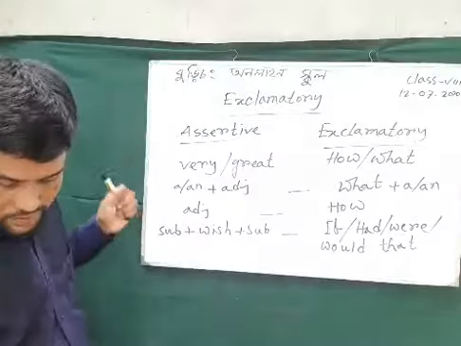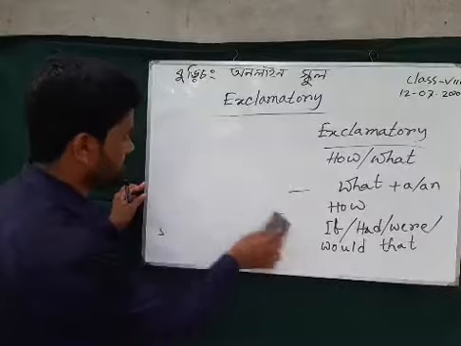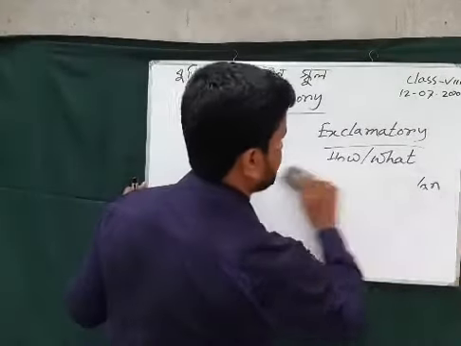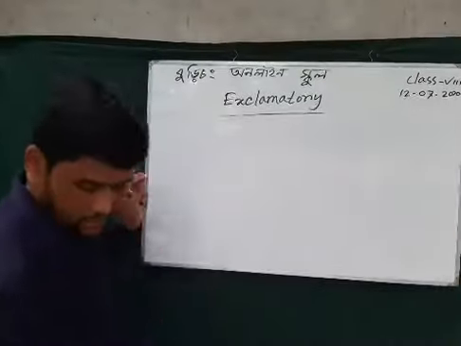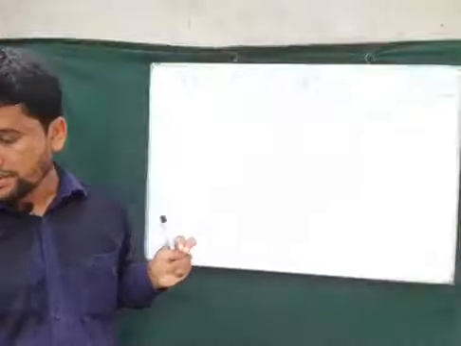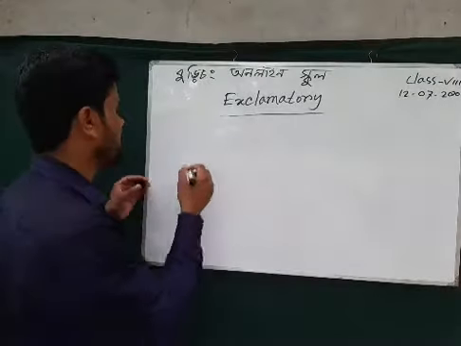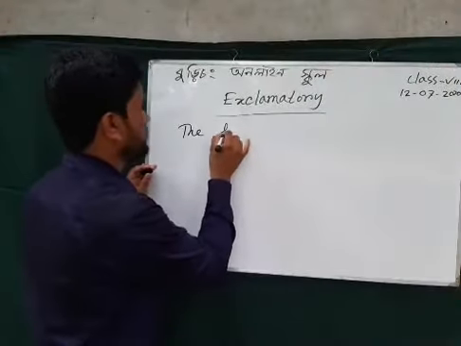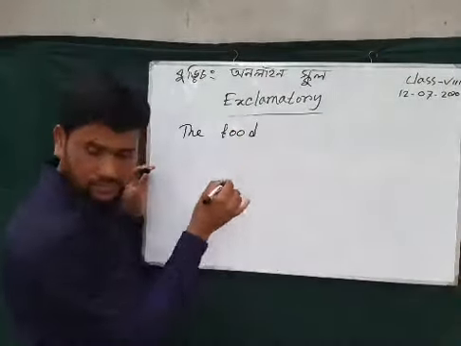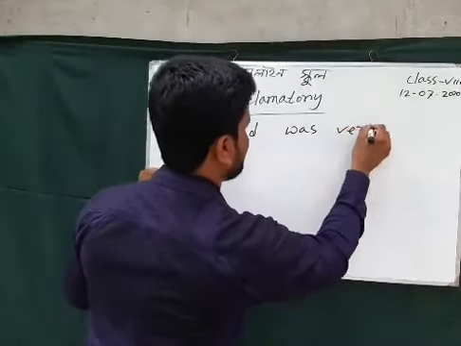So now I want to give you some examples. My dear student, when you find subject plus verb plus very: The food was very hot.